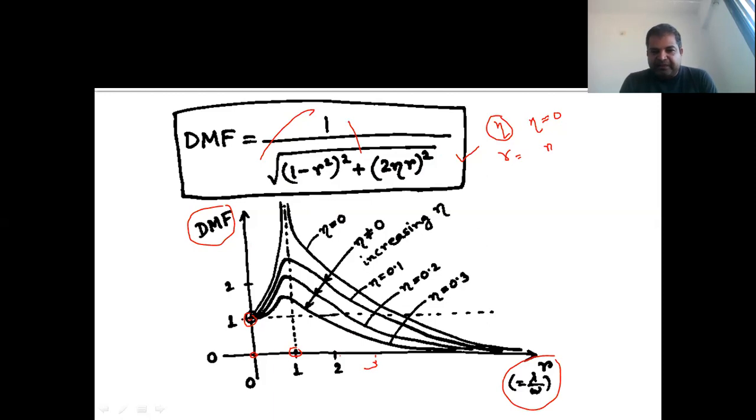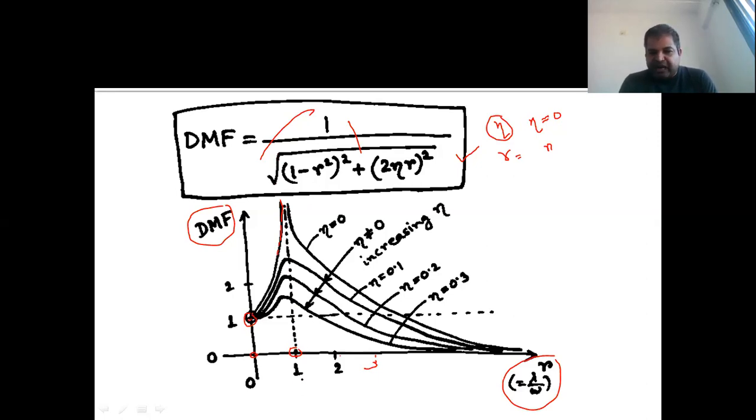So if you see this curve at point 1, when the frequency ratio is 1, this is going to be infinity. Can you see this? It is going to infinity. It tends to 1, but it is not touching the 1.